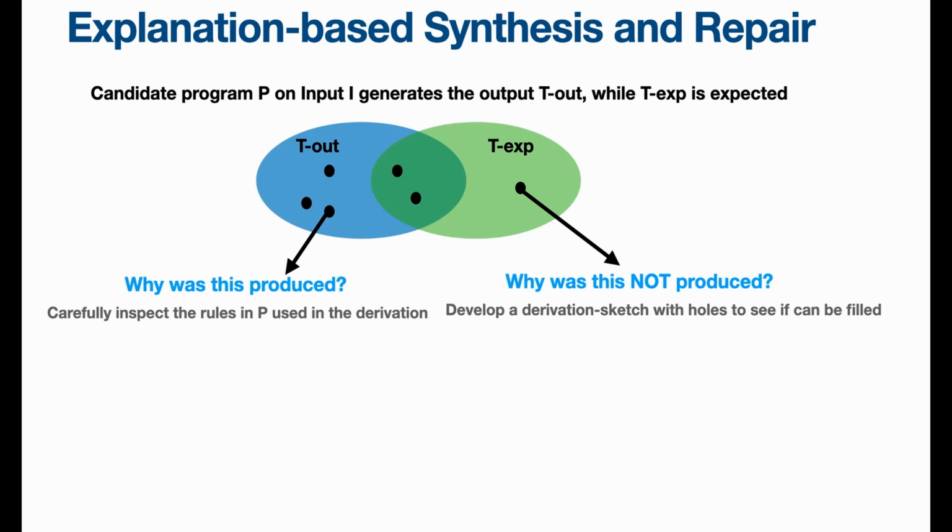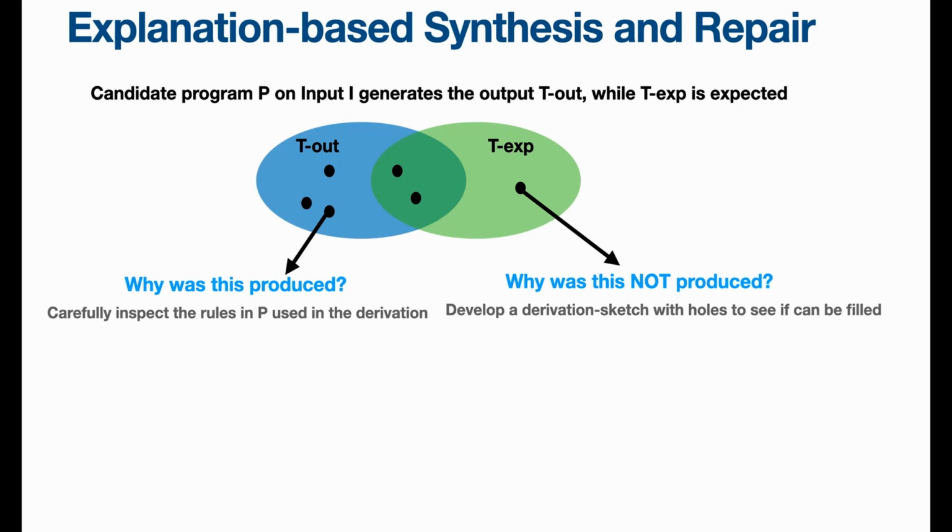This is a slightly more difficult problem because you don't have a derivation tree as such. So what we intend to do is develop a derivation sketch with holes in it and see if it can be filled by looking at the new rules, or slightly modified rules, which would fit into the holes in the derivation sketch.